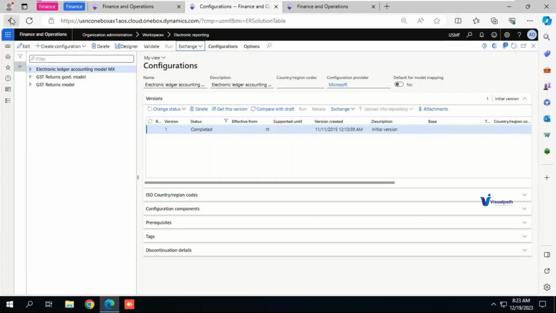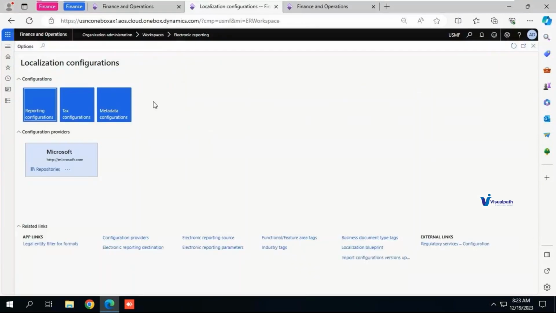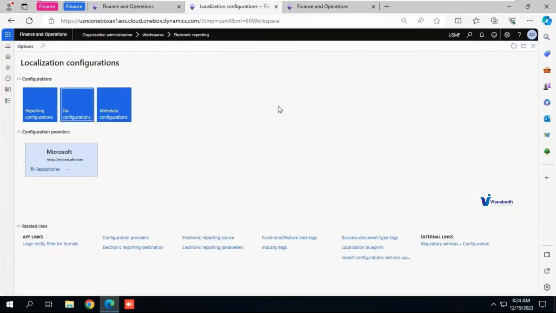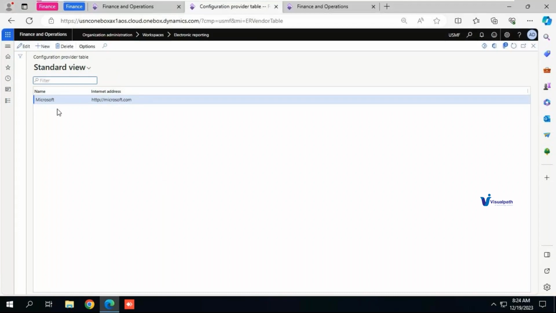Like this, I cannot get full access. It is partial only. If you have LCS, you can get the latest files and everything. This is not fully available, so I may not show you the complete picture. I want to be clear. Configuration providers, that is a limitation.